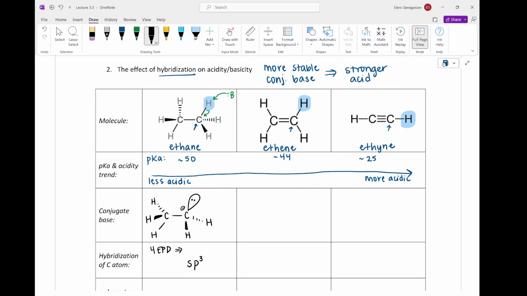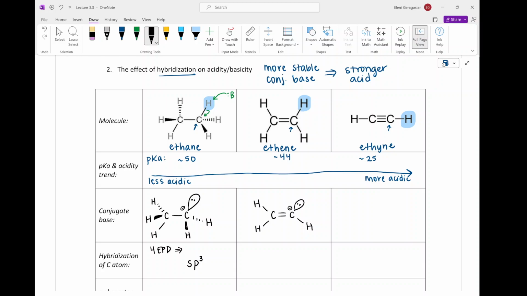Now let's do the same thing for ethene. Imagining a base removes that hydrogen that I highlighted in blue. And remember, it doesn't really matter which hydrogen you choose because they're all equivalent in the structure. That carbon would gain a lone pair. Again, I'm putting that in an orbital, but I'm intentionally making this orbital smaller than the sp3 orbital.